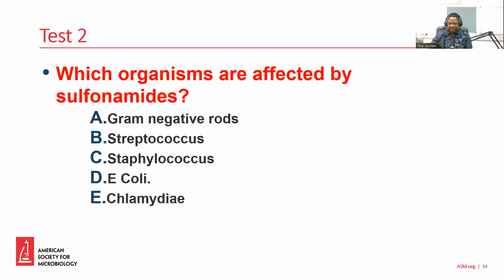So here we can see that gram-negative rods, yes, they have activity. Gram-negative rods are affected by this. Gram-positive, streptococcus, staphylococcus are gram-positive. E. coli, okay, it's a gram-negative. It is affected by sulfonamide.